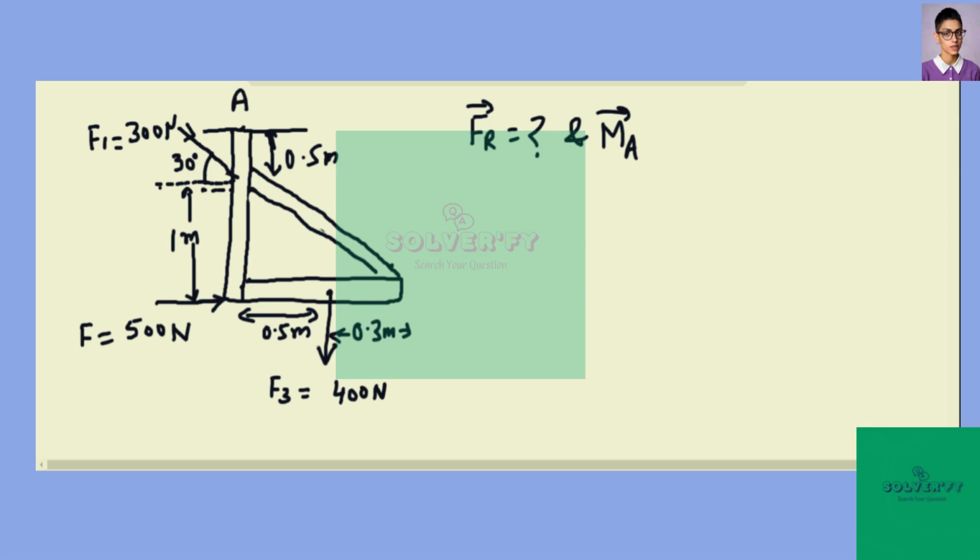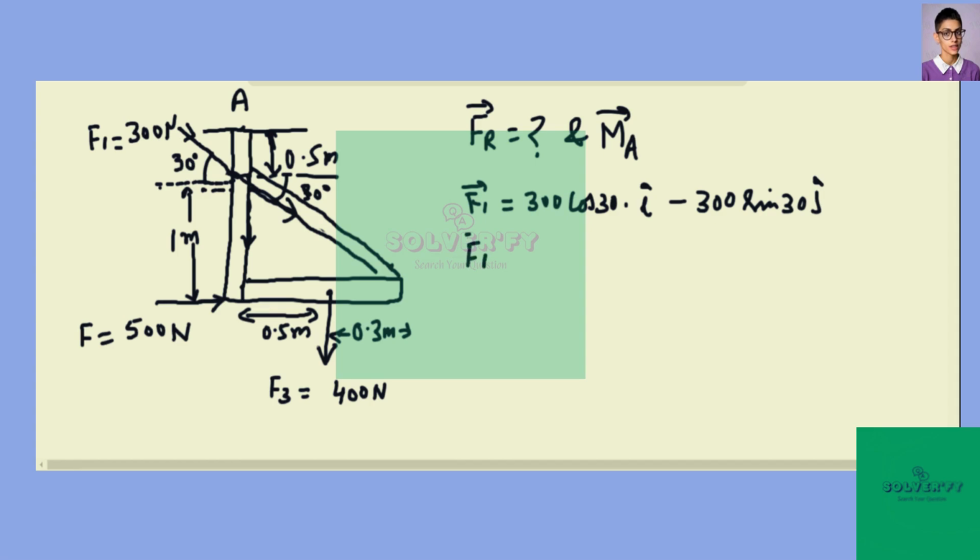You can extend this force in this direction. So this has an x component here, a y component in this direction, and this angle is 30 degrees. So the F1 force we can write as having x component 300 cos 30 i cap and y component 300 sin 30 j cap.